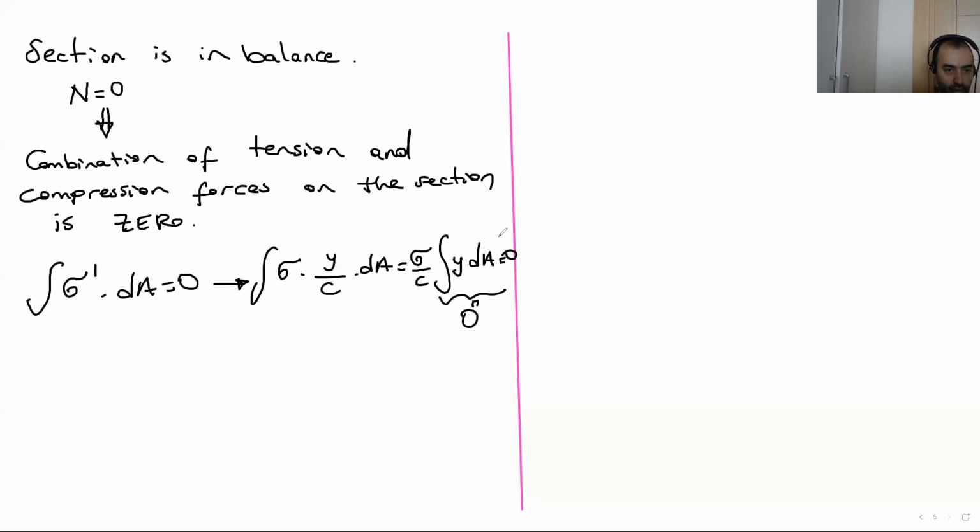So to make this equation 0, this portion should be 0. This is the assumption. So that means the neutral axis goes through the centroid.